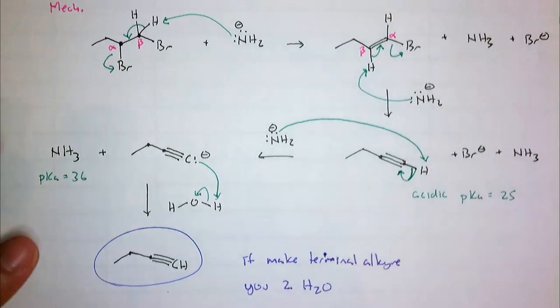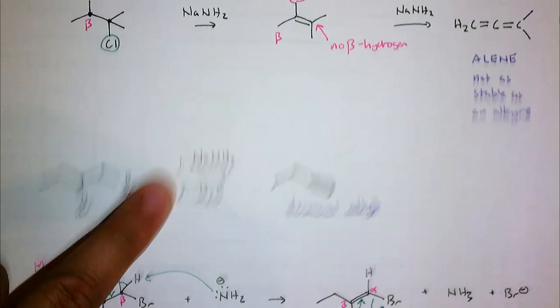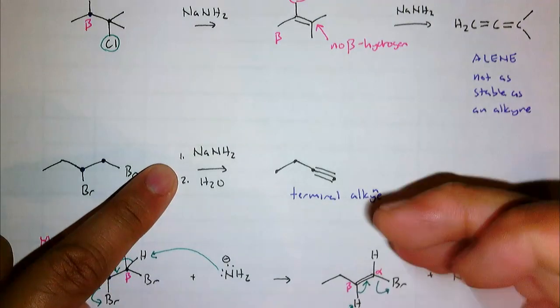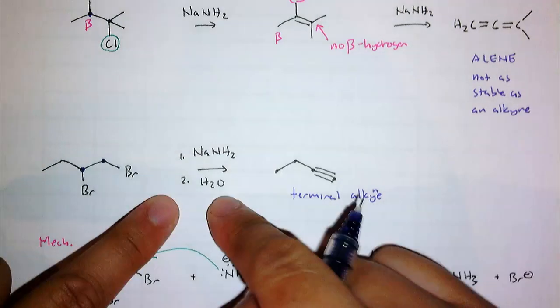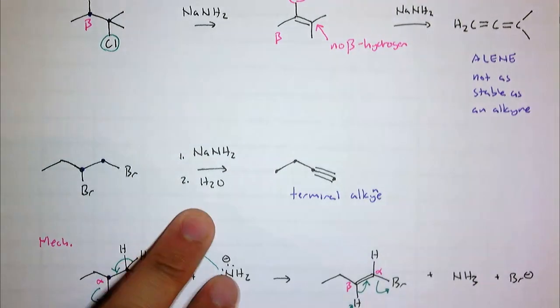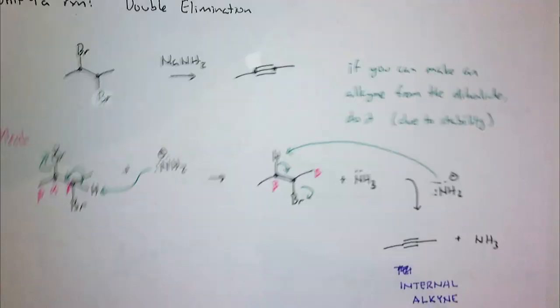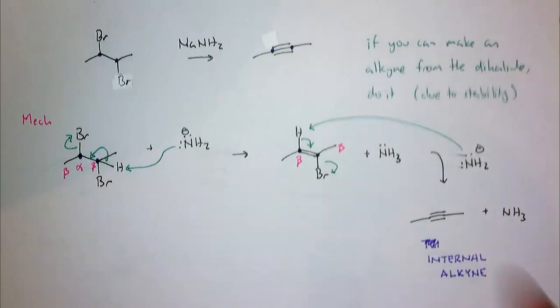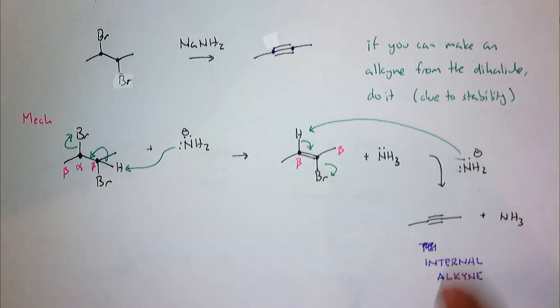Okay. And it is a two-step. So you do the base, get to this alkyne anion, and then add water. You do not have to use this water trick for an internal alkyne, because why? You don't have an acidic proton with an internal alkyne.